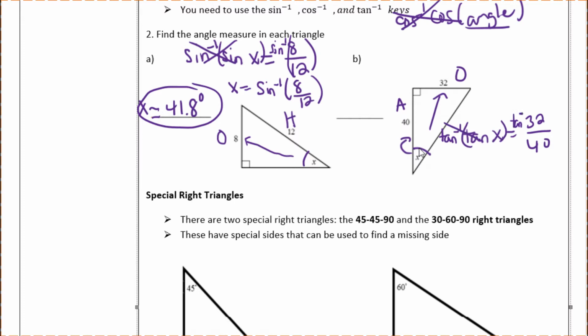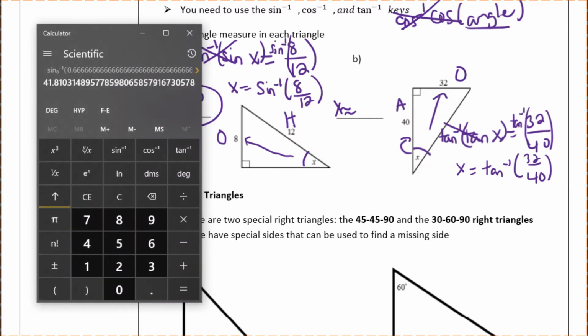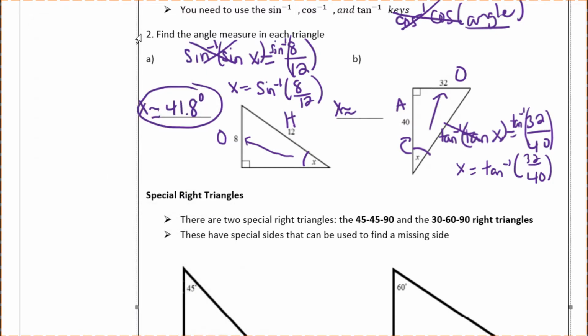So that gives me x equals tangent inverse of 32 over 40. Alright, so I got 38.7 degrees. That's how you do it. That's all there is to it.